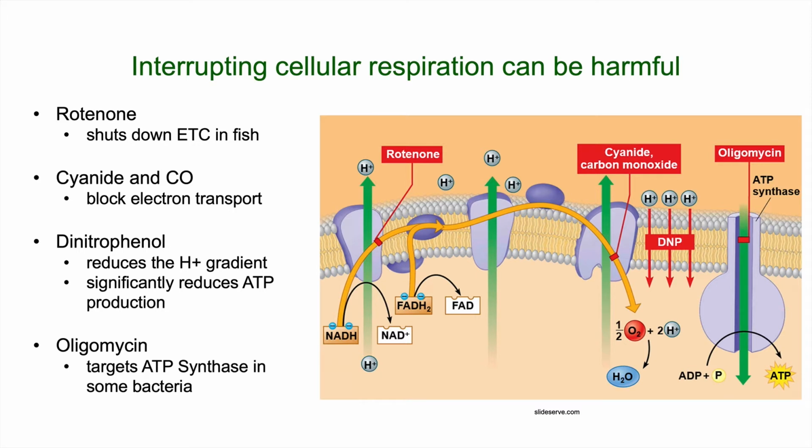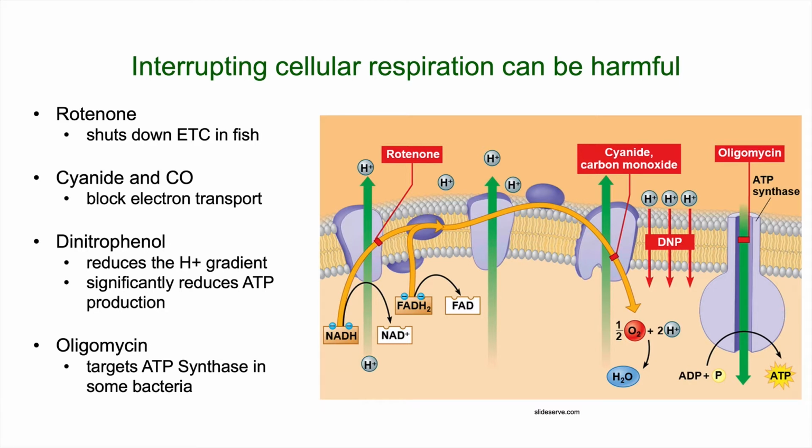And so this is going to dramatically reduce the amount of ATP that's produced. They used to think that DNP would be a good weight loss drug because it would keep you from getting as much energy as you could get from a molecule of glucose. And so you'd lose weight. But the problem is there's some side effects, neurological side effects that go with that process, so you don't want to do that.